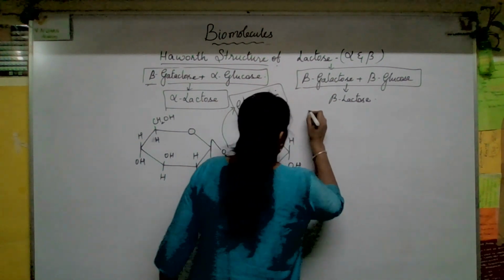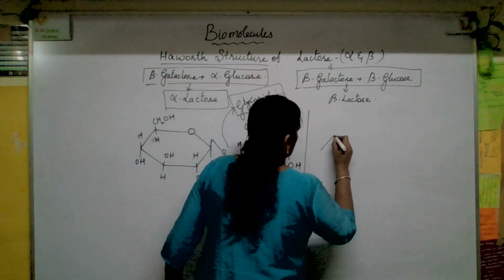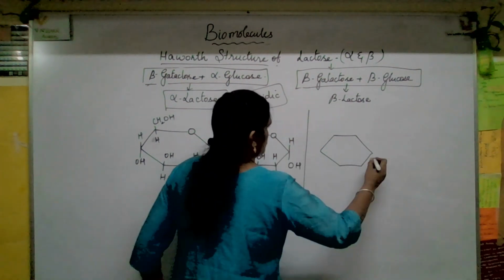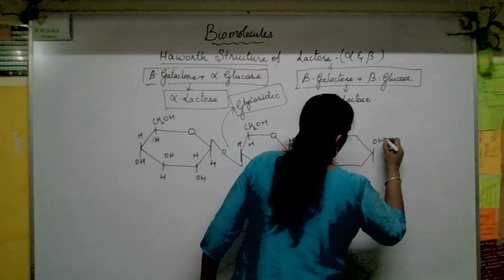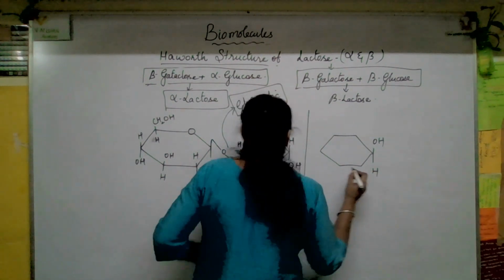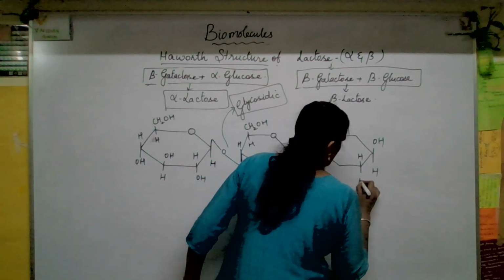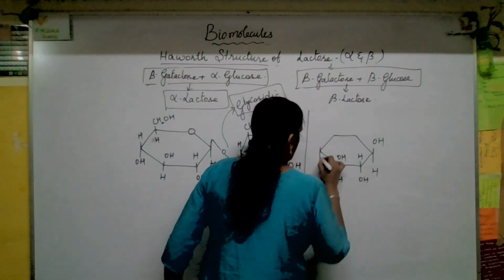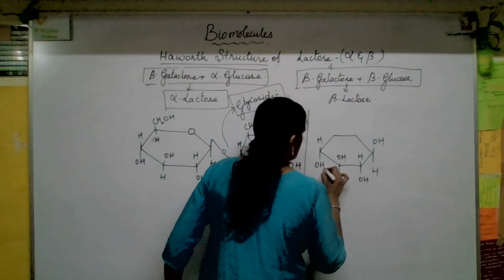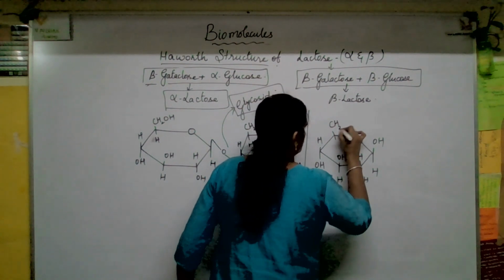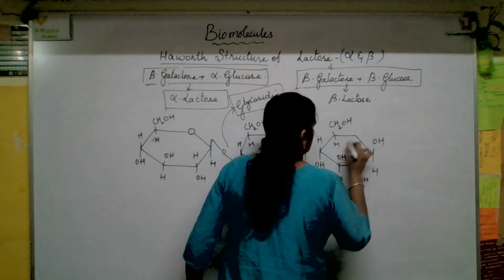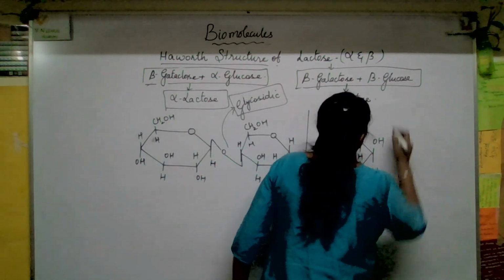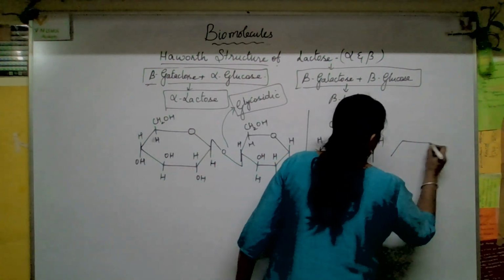Here the same. For beta galactose, the OH should come on top. OH, H, here H, OH, here OH, H, here H, OH, and here CH2OH and H, here oxygen. The same way here, another one more, beta glucose.